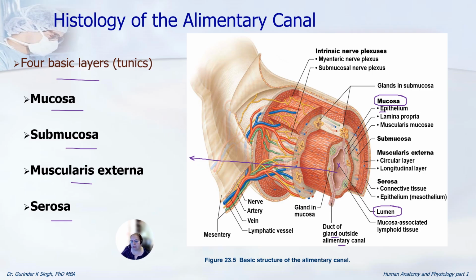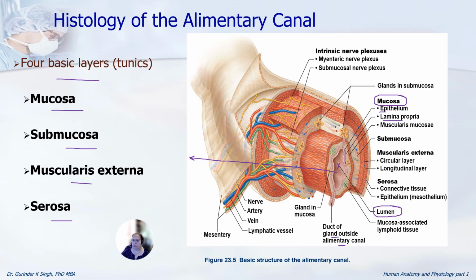Recall that epithelial tissue always requires some kind of support underneath it, and that support is a connective tissue membrane called the lamina propria.